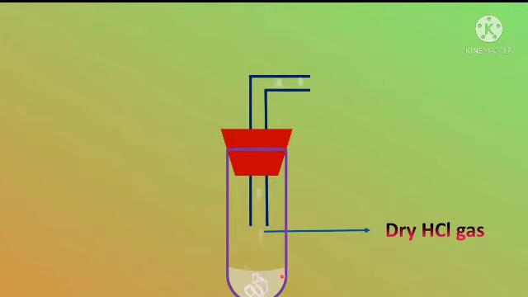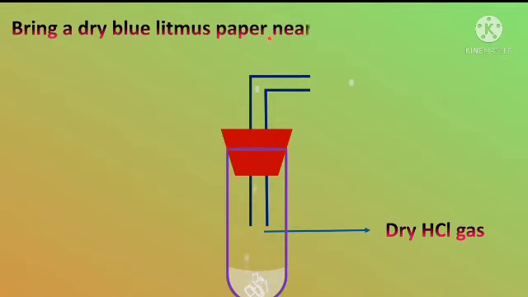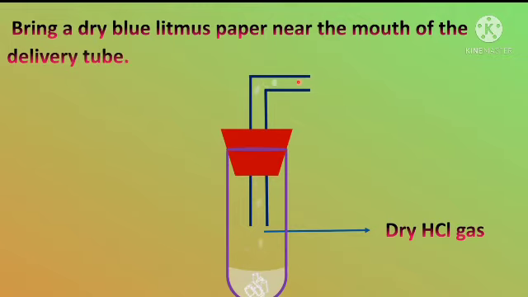So this is the HCl gas coming. This is dry HCl gas which is coming out. So now what we have to do is bring a litmus paper near the mouth of the test tube.